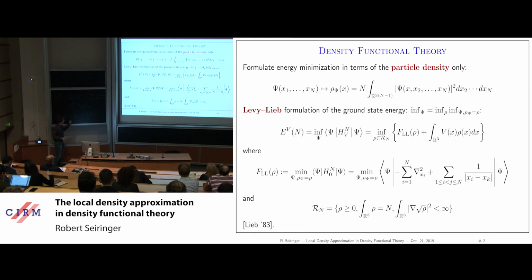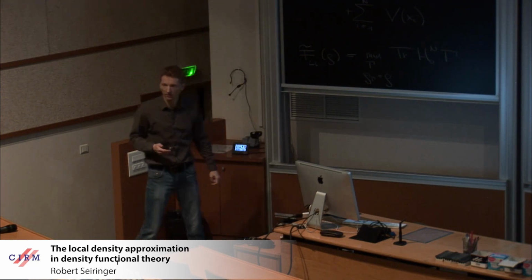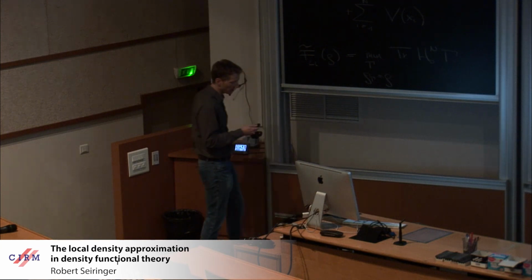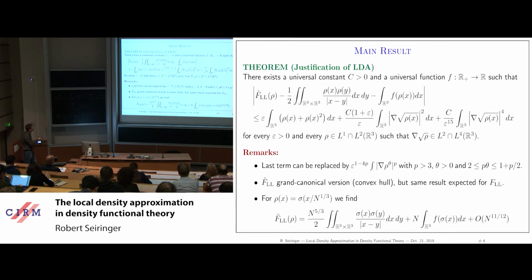It's just that the average particle number is naturally fixed by fixing the density anyway. So this is slightly smaller, clearly, right? We're minimizing over a larger set. We don't expect that it makes any difference as far as the theorem is concerned, so it should naturally hold in exactly the same way for the canonical version of the Levy-Lieb functional, but we do not know how to prove it, and I will comment on that. It's simply, for technical reasons, much easier to work in a grand canonical setting.